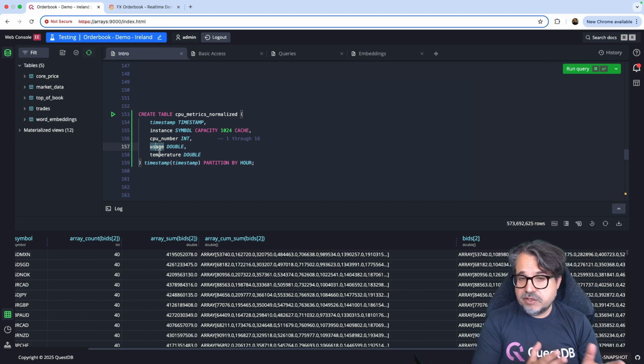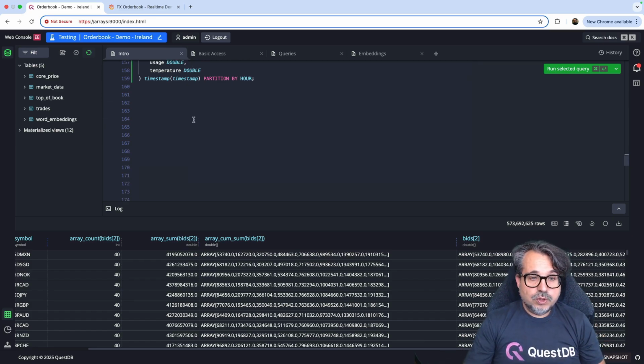But then you will have the same issues we already saw before. For the same timestamp and instance, you are storing 16 different rows. So you are storing a lot of data, and you need to introduce the integer column, which is artificial. You don't really need it if you always have 16 in this case.